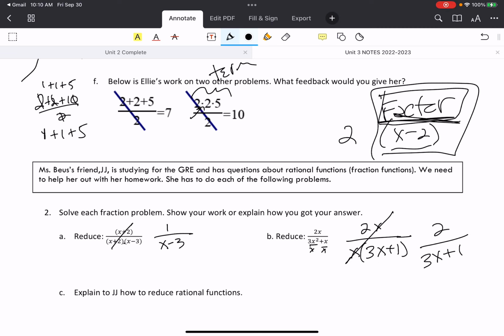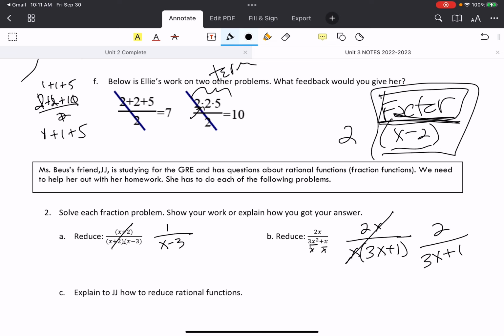Can I have someone I have not heard their beautiful voice yet today explain to JJ, not from Coco Melon, okay, how to reduce rational functions?